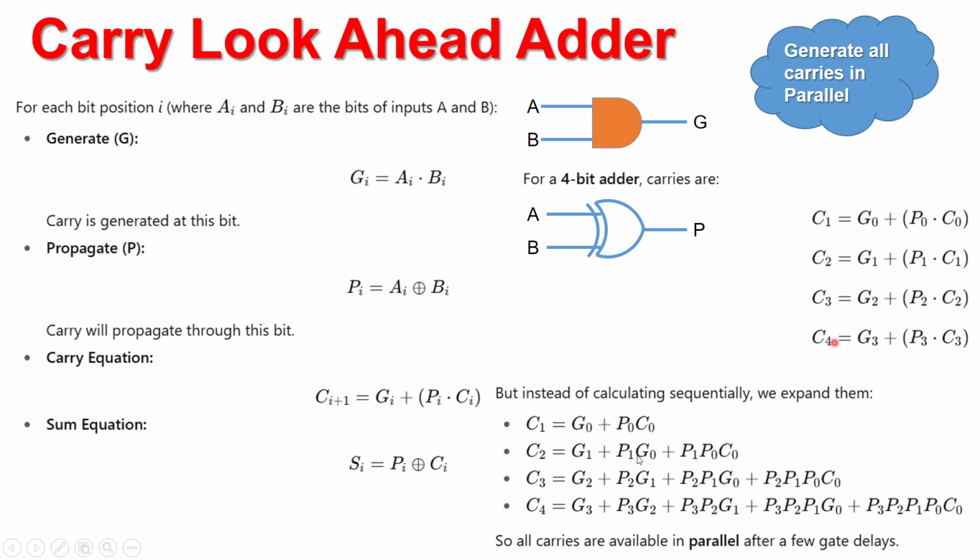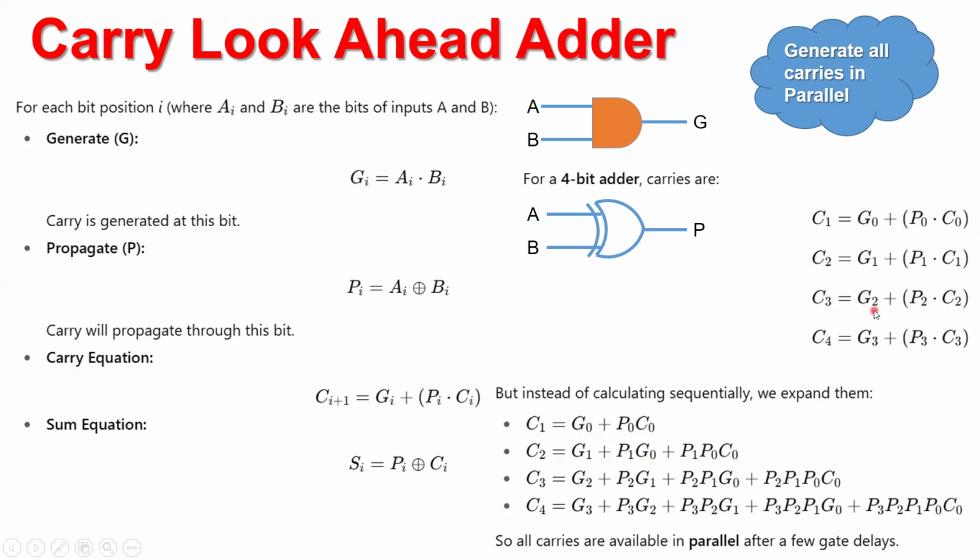Now you can expand them. C1 is equal to G0 OR P0 C0, which is the same as before. But for C2, you have C1 here, so put this value of C1 here, and then C2 is equal to G1 plus P1 G0 plus P1 P0 C0.